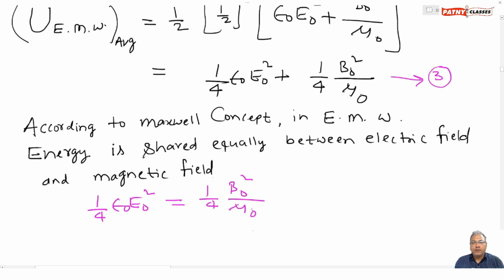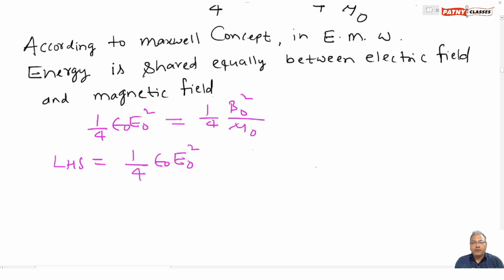We will prove it now so that we can further simplify equation number 3. Taking the LHS, we know that E naught divided by B naught equals C, which implies E naught equals C multiplied by B naught. What is the C value? C is nothing but the velocity of light.